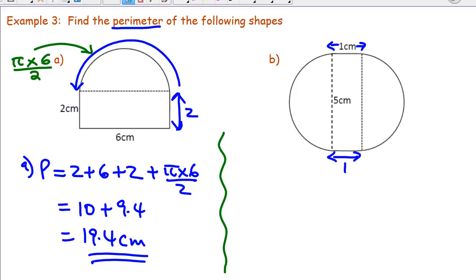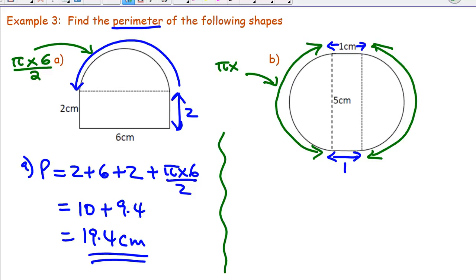So we don't know the distance from this point to that point, and we don't know the distance from this point to this point. But we know that this is half a circle and that's a half a circle, which means we can find that, which will be pi multiplied by 5 divided by 2, and that as well will be pi multiplied by 5 divided by 2.